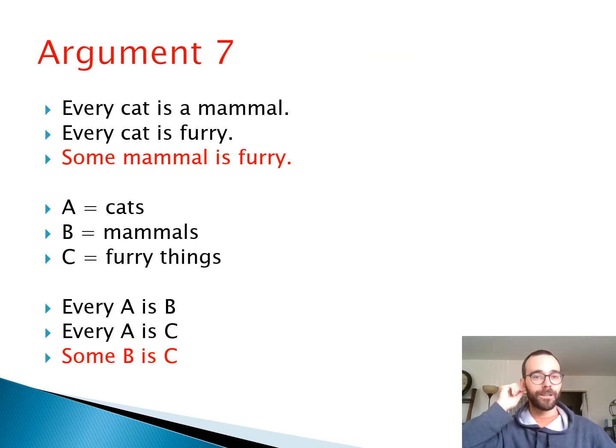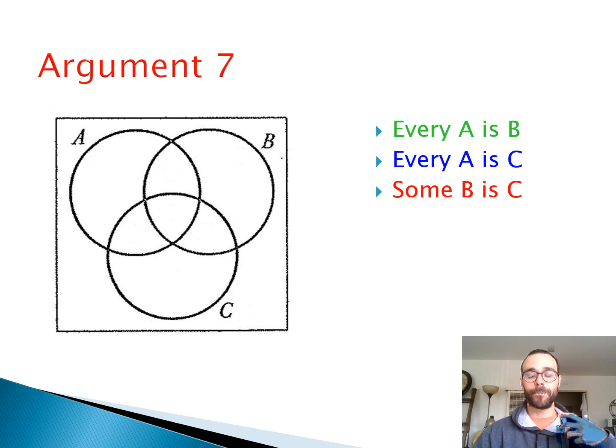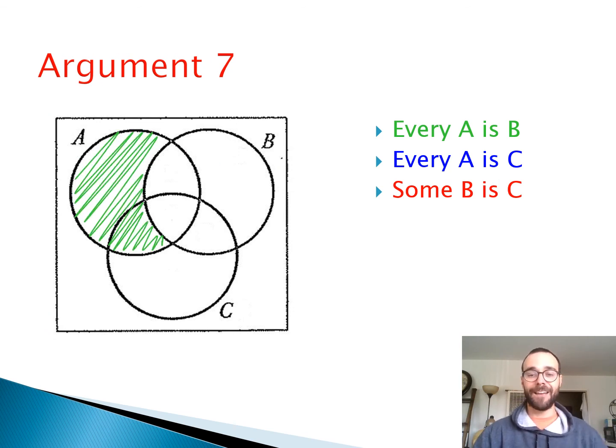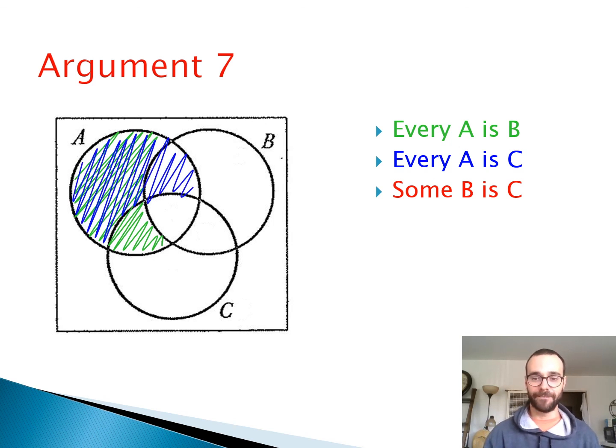And so we can see the problem with the argument that every cat is a mammal, every cat is furry, and some mammal is furry. So here we have three predicates, and when we look at this argument, every A is B, and every A is C, we see that there's that open section in quadrant 5.